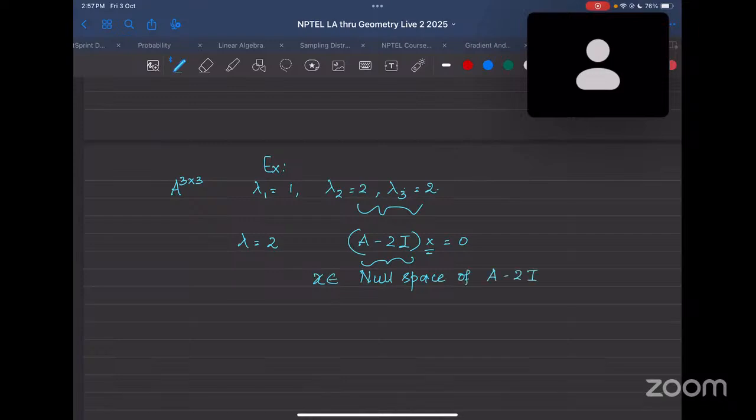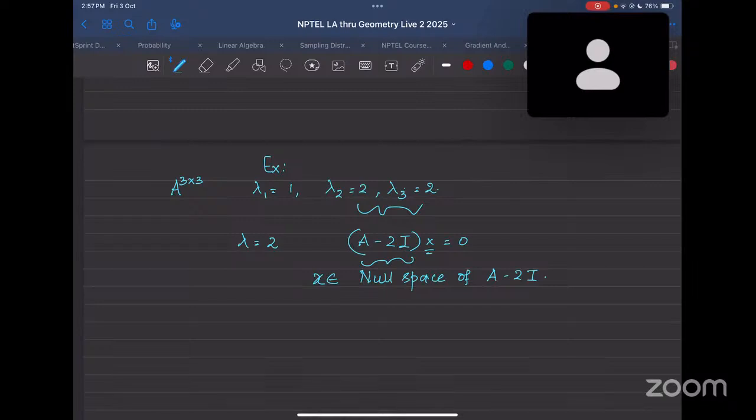And when you have a 3 by 3 matrix, you do know that the null space can have dimension 2, where the null space is 2-dimensional and the column space is 1-dimensional. We are using the rank-nullity theorem, where rank plus nullity is equal to 3. So in higher dimensions, you will have geometry which allows this.